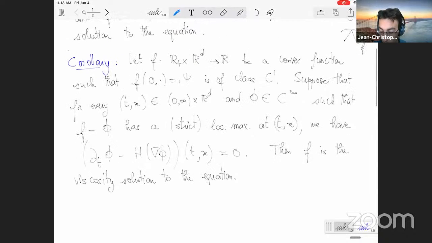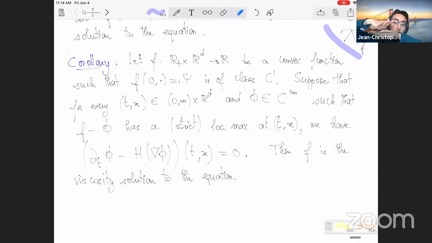One remark I want to make is that I did my drawing in the corner like this, but in fact, it's not a proper drawing because in this drawing, the function f is not convex. What happens when you touch a convex function from above is that you're sandwiching the second derivative: it cannot be negative because it's a convex function, and it cannot be very large because you're touching from above with the function phi.